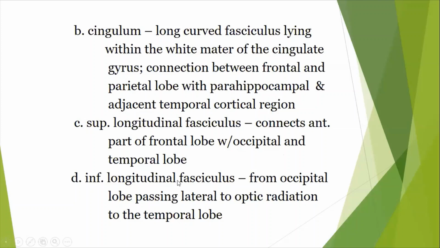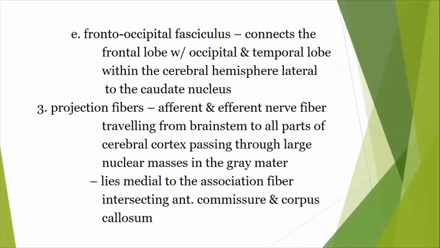You have another connection, your inferior longitudinal fasciculus, which will be seen from the occipital lobe passing lateral to the optic radiation to the temporal lobe. Then you have the fronto-occipital fasciculus, which connects the frontal lobe with the occipital and temporal lobe within the cerebral hemisphere, lateral to the caudate nucleus.